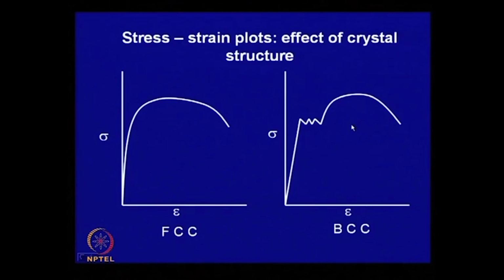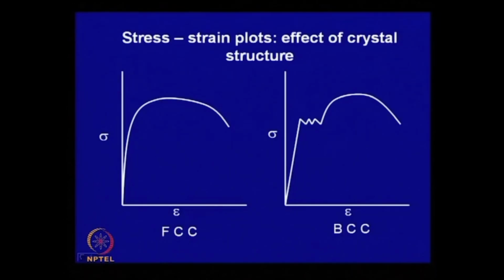Now, the stress strain plot is quite sensitive to the crystal structure of the material. Most materials are not pure, they will have some impurity. Majority of the metals that we use are either face centered cubic or body centered cubic. For example, steel is a body centered cubic material.